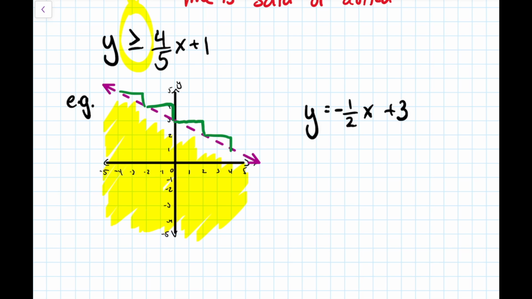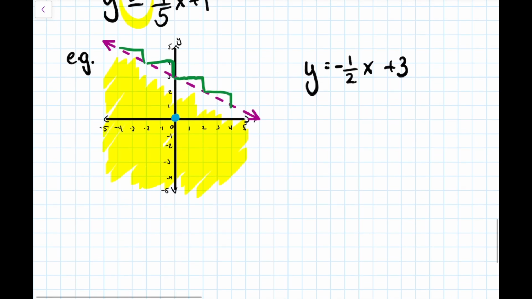Now we need to pick a point from the shaded area, which we're probably going to go with just (0, 0). We're going to plug that in. So if we plug that in here, we end up with 0 and -1/2 times 0 plus 3, which on the right side is all just going to come out to 3.